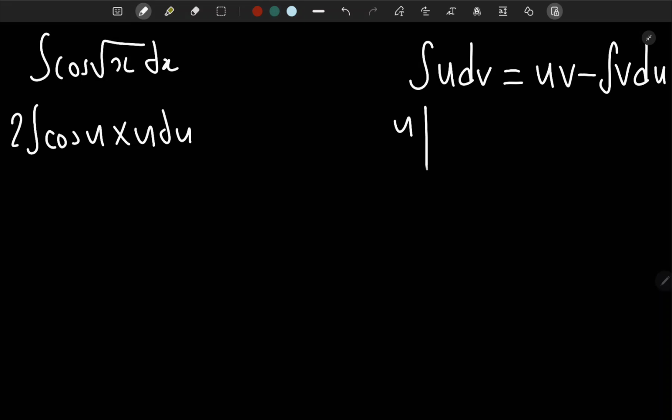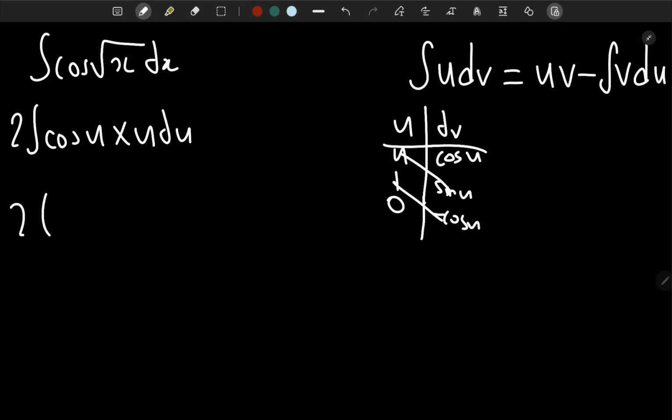So it's going to be u and dv. u here is just u, the derivative of u is 1 and then 0, and then dv here is cosine u. Next is going to be sine u, and then negative cosine u. Now cross multiply, we multiply like this, so it's going to become 2 into u times sine u minus, and then again a minus, so it's going to become a plus cosine u plus c, and we can simplify this.